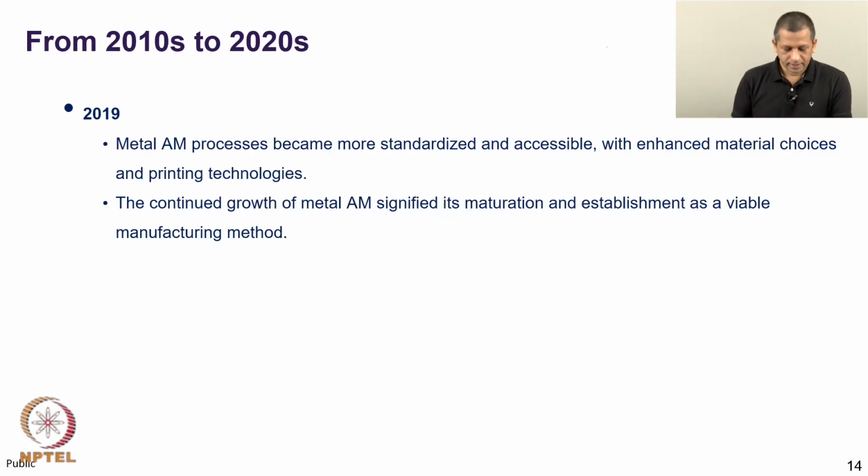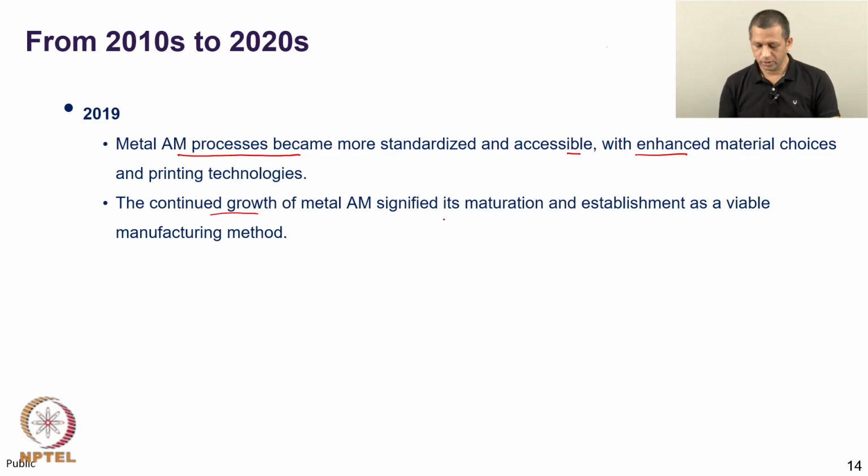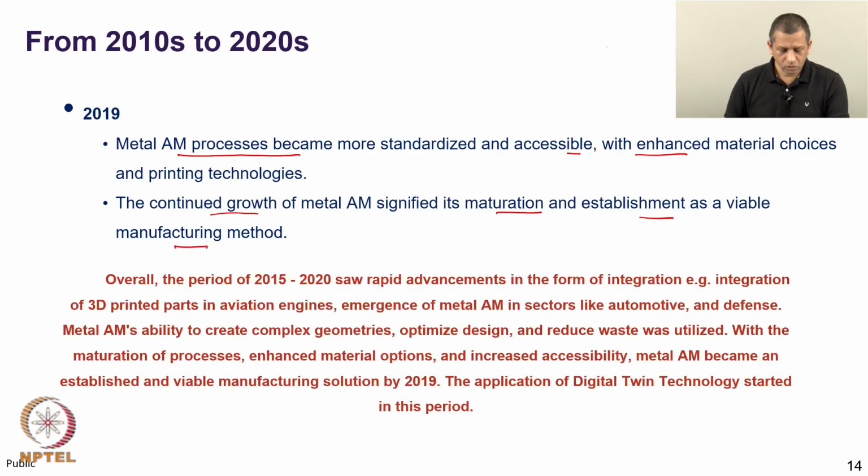By 2019, metal AM processes became more standardized and accessible. There were more material choices available for 3D printing. Continued growth of additive manufacturing led to its maturation and establishment of AM as a viable manufacturing method. Overall, in the period of 2015 to 2020, there were many advancements in the form of integration of AM with traditional methods.